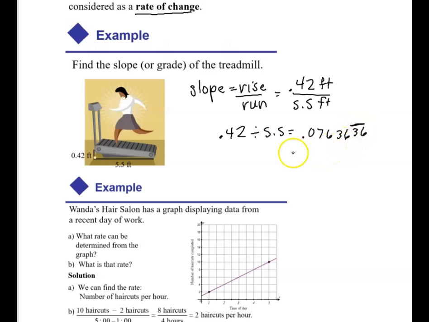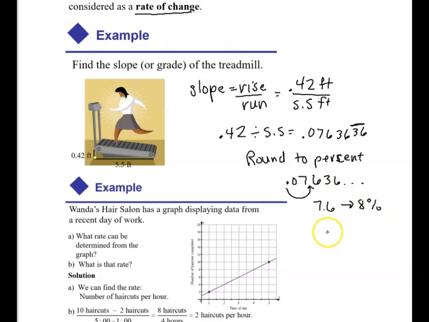So if we want to round that to the closest percent, remember, to get a percent, you want to move your decimal place twice. So 0.0763 would end up, if we move our decimal place twice, right here. So that is 7, and if we're doing the closest percent, then we would want to round up to 8%.